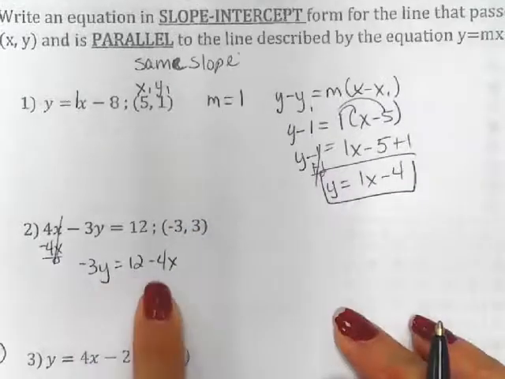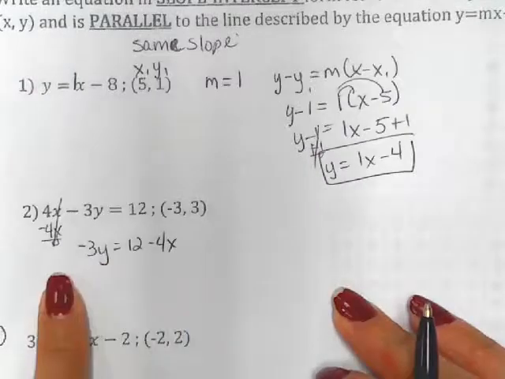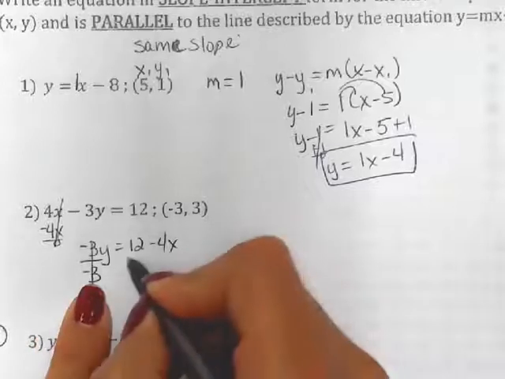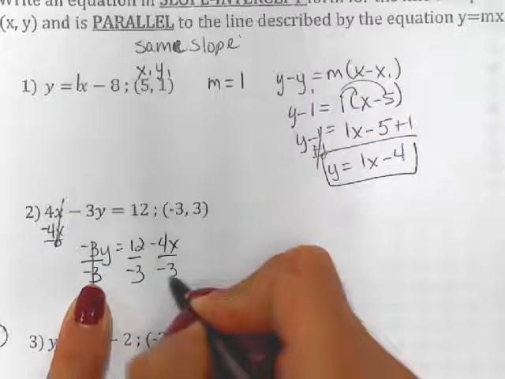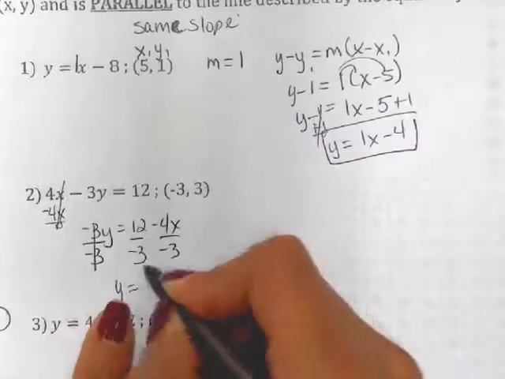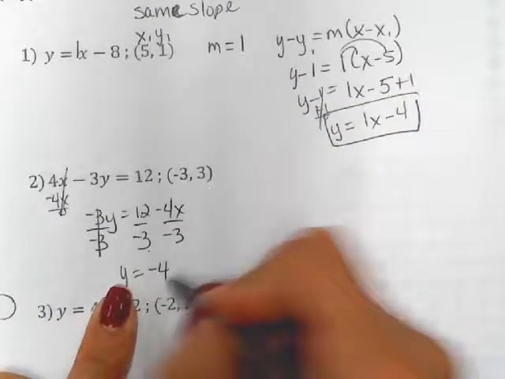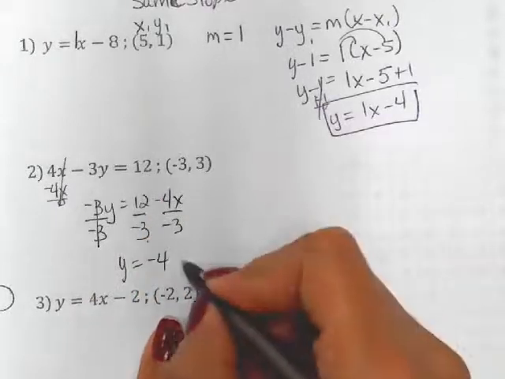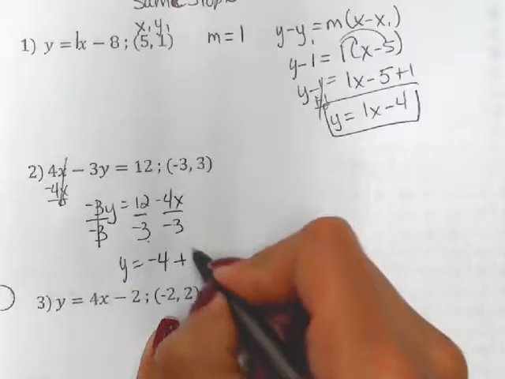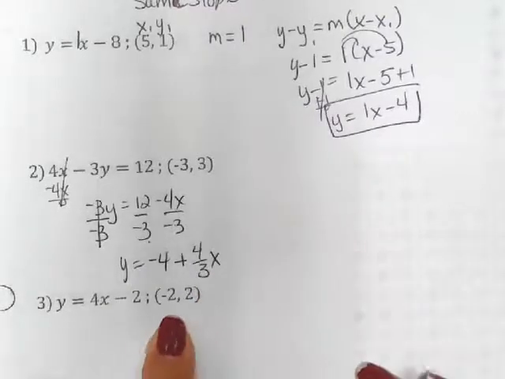You cannot combine like terms, so you leave it like that. Then y is still not by itself, so divide by negative 3, divide by negative 3, divide by negative 3. y equals 12 divided by negative 3 is negative 4, and we can leave our slope like that. It's going to be positive because a negative divided by a negative is a positive, 4 over 3x.